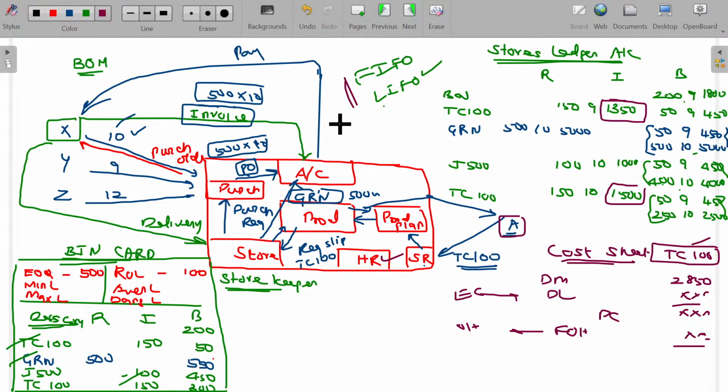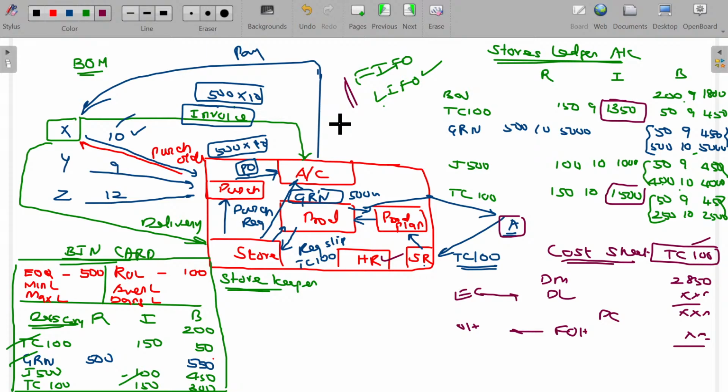But will he be able to find out the price? He doesn't know, because price is not tagged on this stock here. When he wants to issue the material, whatever cement is conveniently available in the front, he delivers. He will not go and take the first purchased cement to be sold, right? That's a logic.